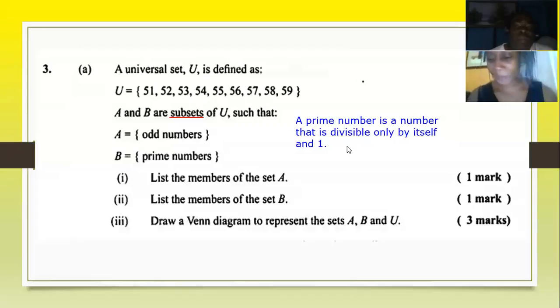A prime number is a number that is divisible only by itself and 1. So you're now going to give me the prime numbers that are listed there in the universal set.